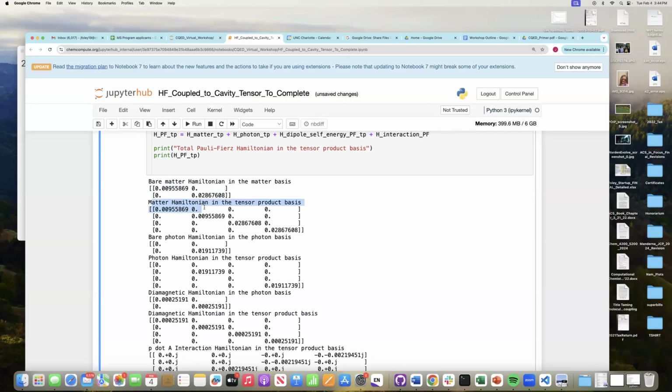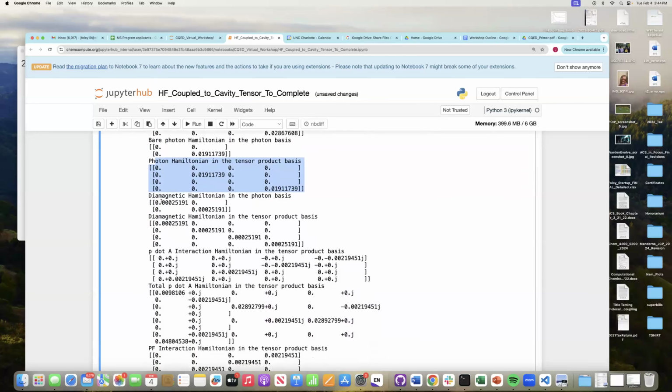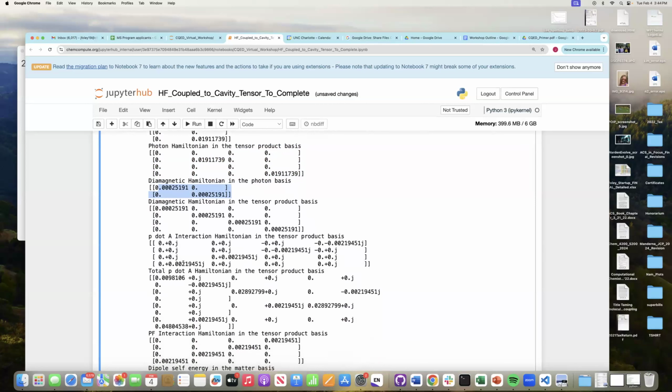If I take the tensor product of that matter Hamiltonian with the identity on the photon subspace, I basically get an embiggened version of that diagonal matrix. This is the bare photon Hamiltonian, also diagonal. This is it in the tensor product basis. And the diamagnetic Hamiltonian itself is diagonal. And the interaction matrices are off-diagonal matrices.